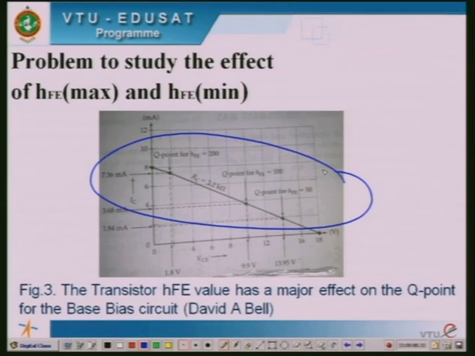Therefore, fixed bias cannot be used as a biasing circuit, because the operating point keeps changing enormously with the changes in HFE or the beta values when we move from 50 to 100 and then 100 to 200.